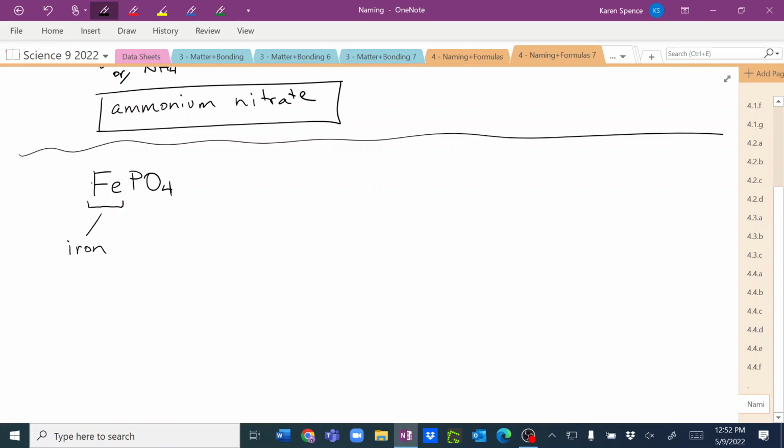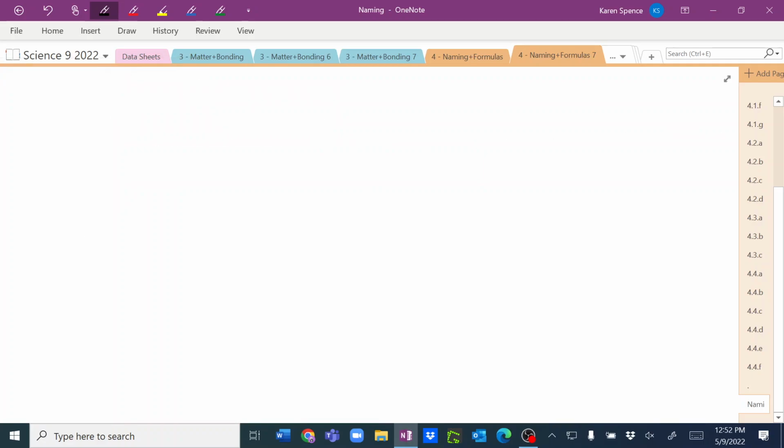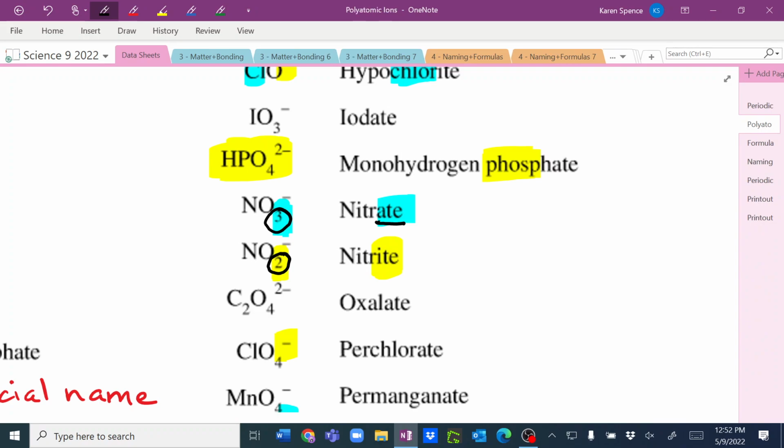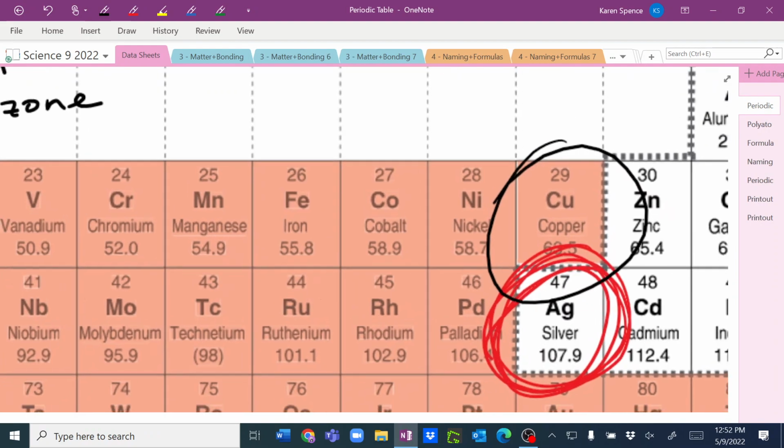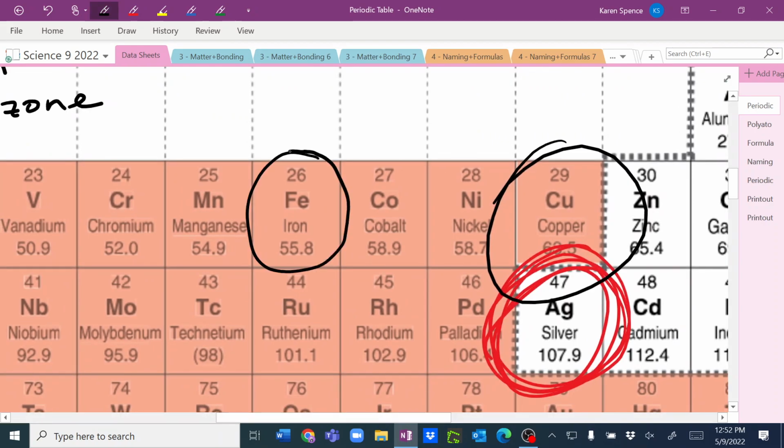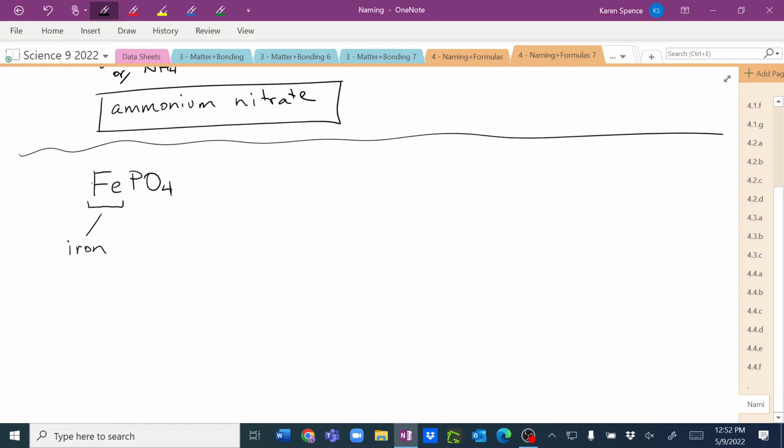And how do you know? We're going to check our periodic table and see, is iron in the red zone? Yes, it is. So it does need a Roman numeral. So put brackets there, ready for the Roman numeral. We'll fill it in a little bit later.